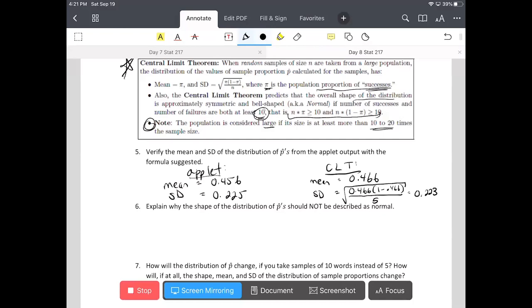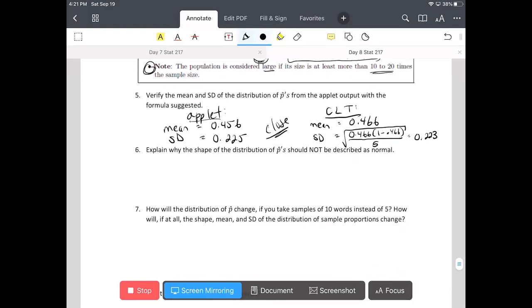And the standard deviation was 0.225. The central limit theorem, on the other hand, gives us a mean of 0.466, and for the standard deviation, we took pi times 1 minus pi, divided by n, and took the square root of that. I got 0.223. Those are pretty close. Those numbers are not that far apart.